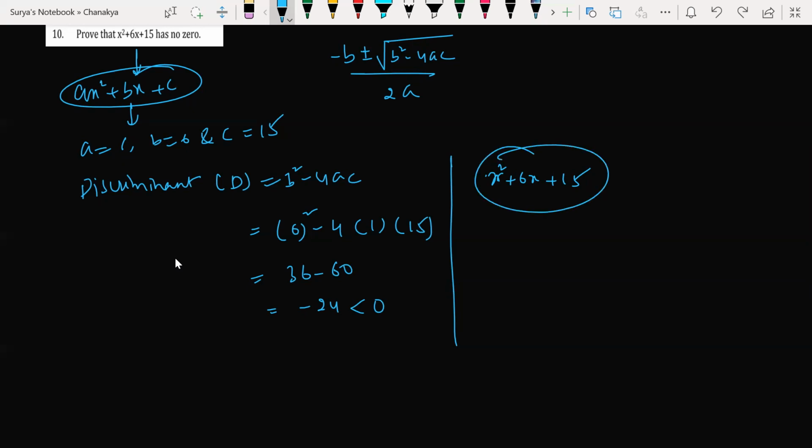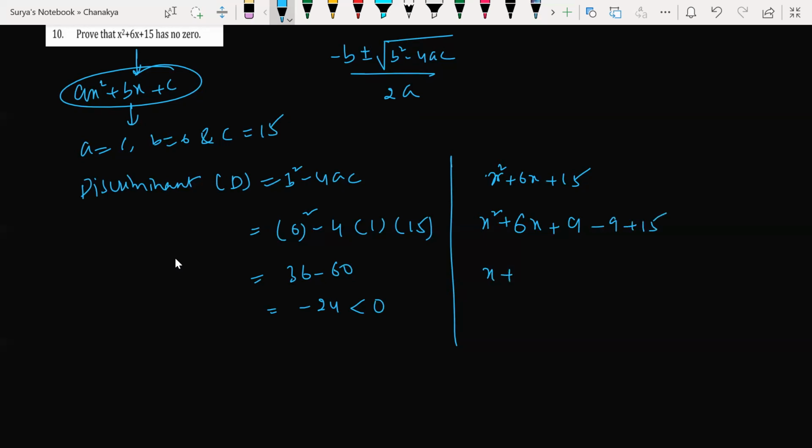For making it a perfect square, x square, so what is half of this? 3x. Square of that, 6x plus 9, plus 6, minus 9 plus 15.